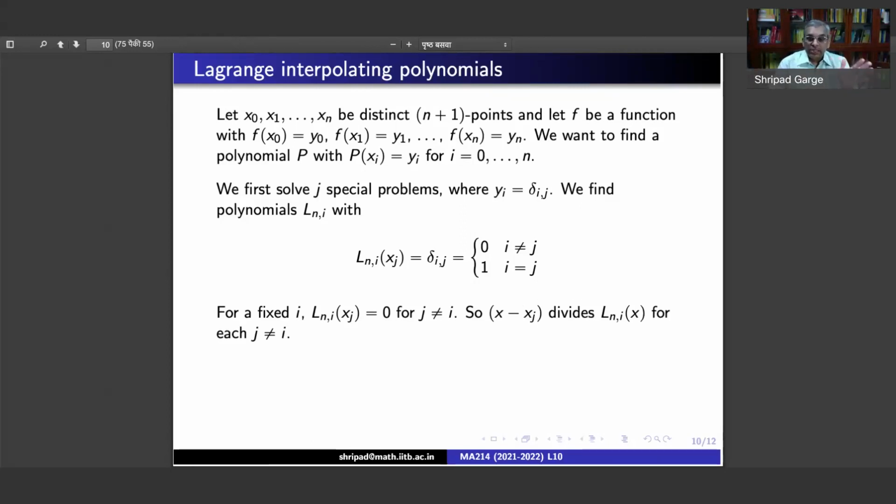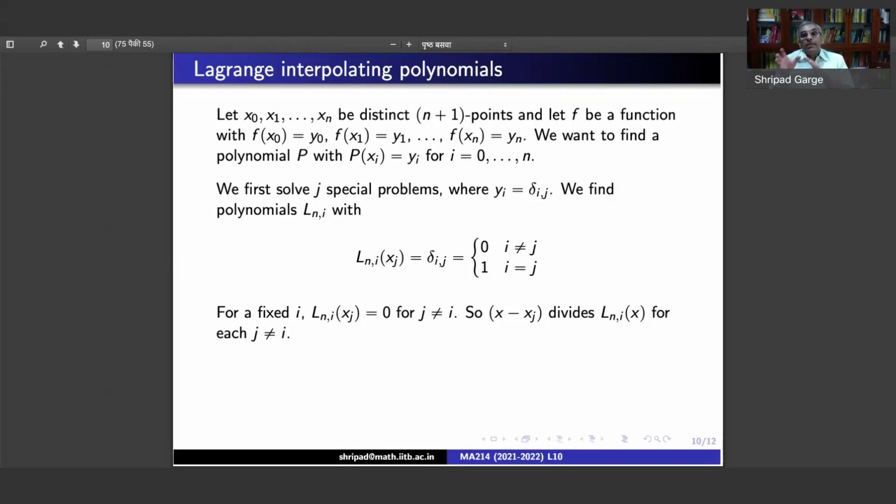Okay, so for instance, if you had 0, 1 and 2 and you were looking for a polynomial which has value 0 on 0, 0 on 1 and 1 on 2, then the polynomial, because it takes value 0 on 0, should be divisible by x, and it's also 0 on 1, so it should be divisible by x minus 1.